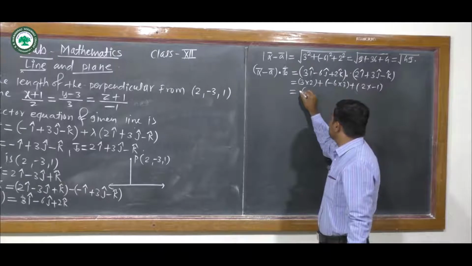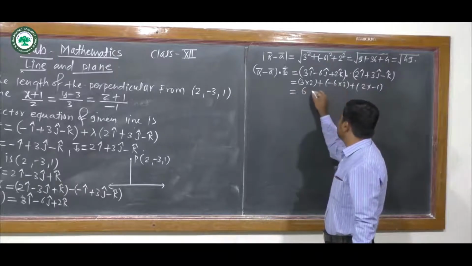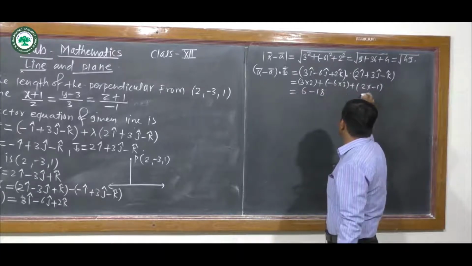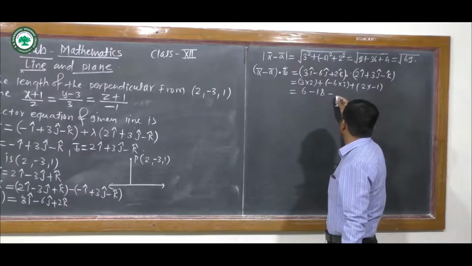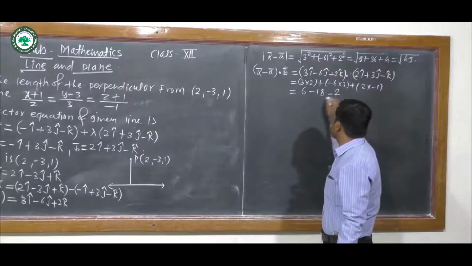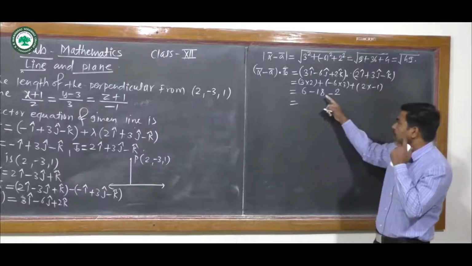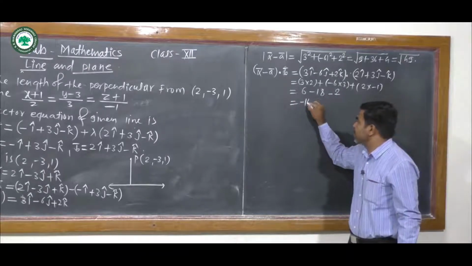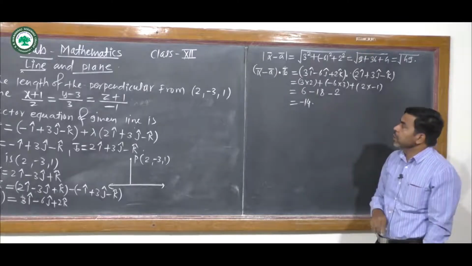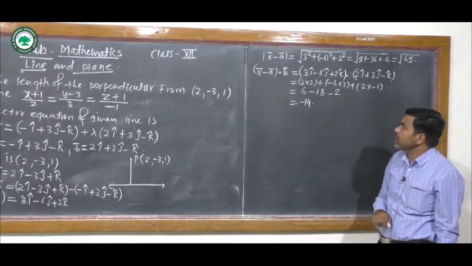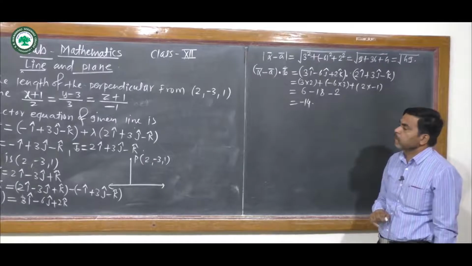It is 6. 6 into minus 3 becomes minus 18. 2 into minus 1 becomes minus 2. So it is equal to 6 minus 18 minus 2, which is minus 14. That is alpha bar minus A bar dot with B bar.